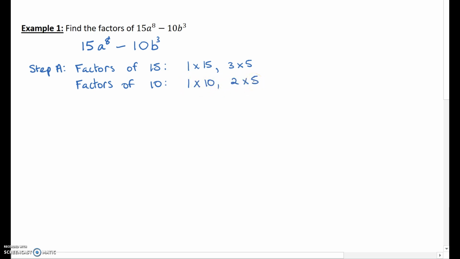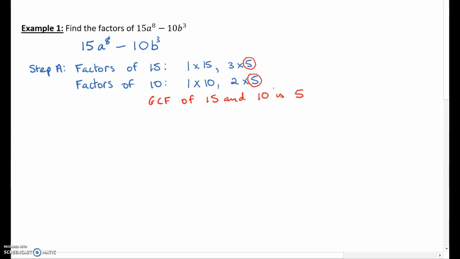Now, what you want to do is pick out the biggest number that's in both lines. It has to appear in the top line and in the bottom line. The biggest number that appears in both is 5. We also have 1 appearing on both lines, but 5 is bigger. So the greatest common factor of 15 and 10 is 5.